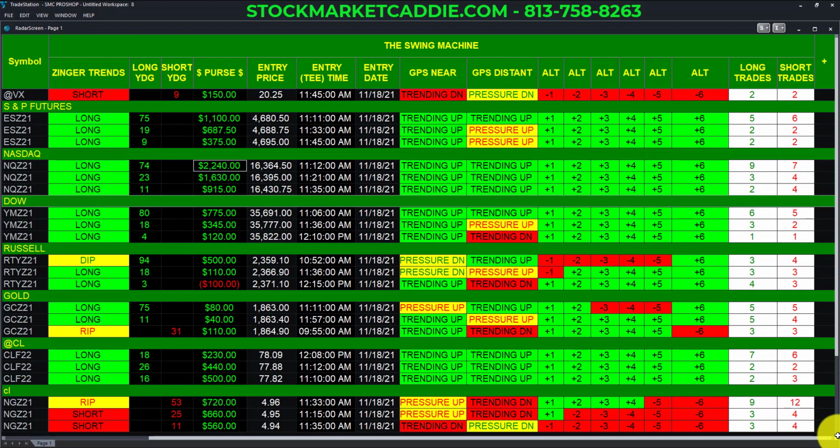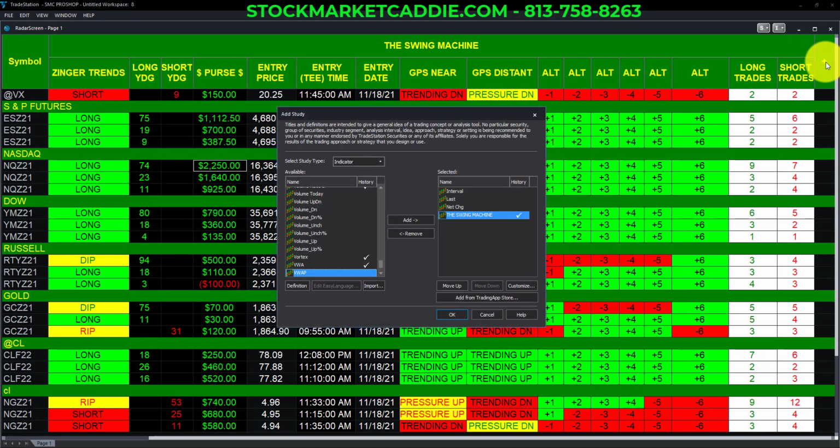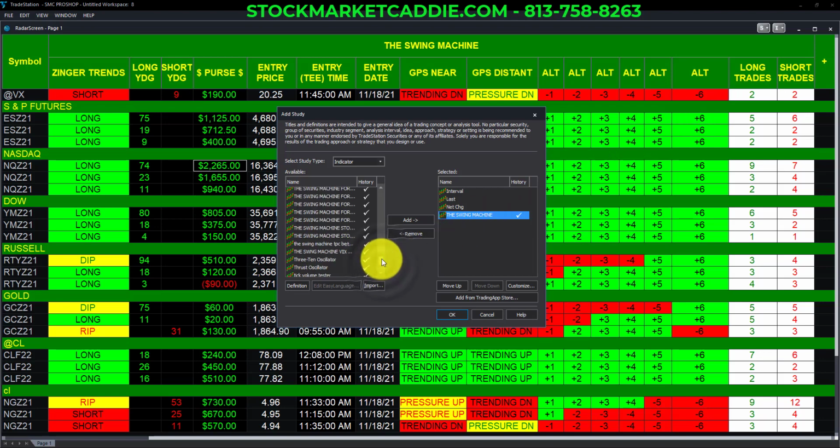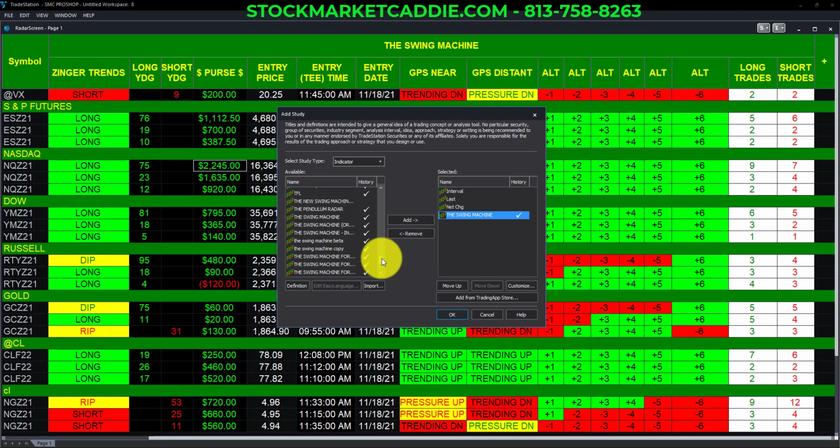All right, so let's do a couple of things here. Let's first add the Pebble Beach. When we add anything on here, on the radar, you've got to be kind of patient. So let's see here.